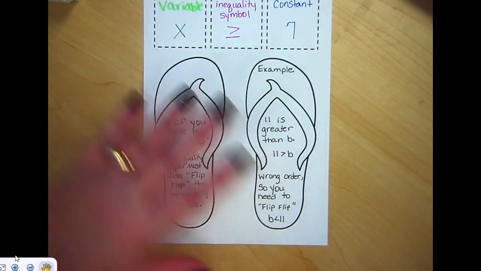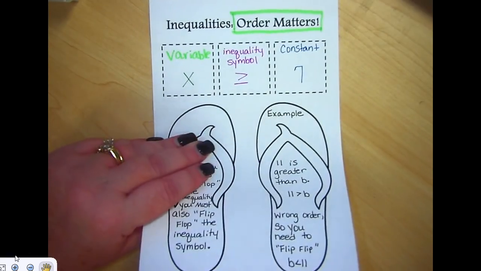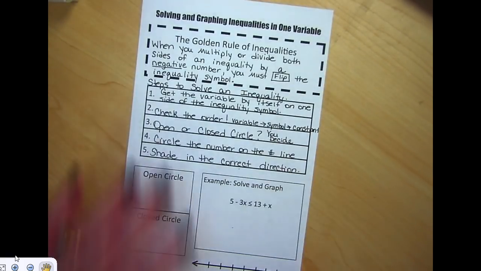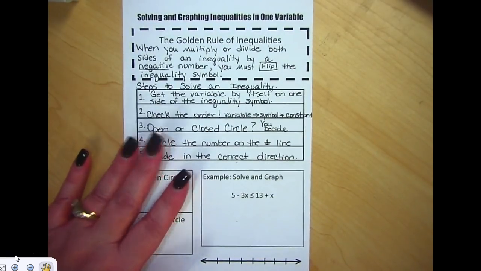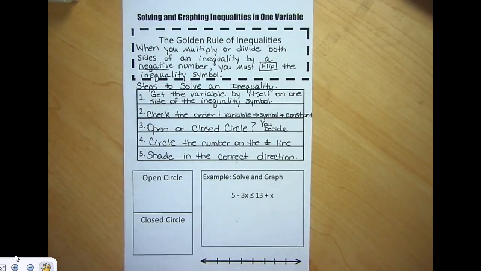No? Okay, put it to the side. We need this one right here that says the golden rule of inequalities. When you multiply or divide both sides of an inequality by a negative number, you must flip the inequality symbol. So here are the steps.